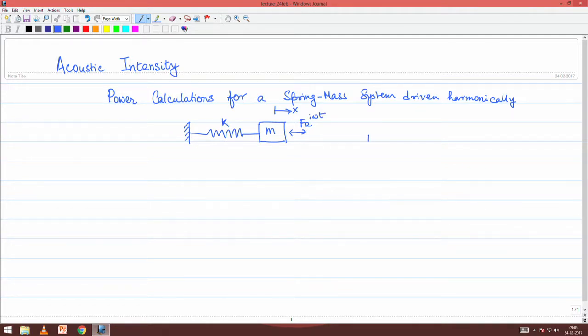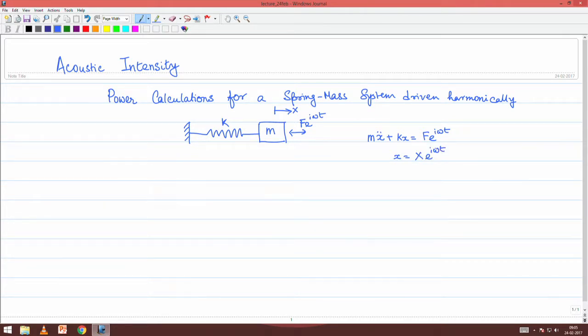So, the differential equation associated with this problem is well known, m x double dot plus k x equals f, but now since f is harmonic we might as well call it f e to the power I omega t. For a linear system undergoing a harmonic excitation, the response might as well be harmonic.